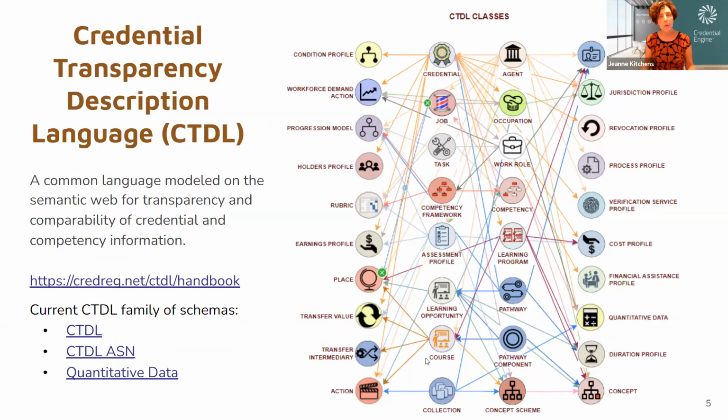This is all the types of information that the CTDL covers. And the arrows are notional to indicate that all that data can be linked together. Today we're going to be focusing on job, occupation, work role, and task, and how they can link to competencies and things like credentials.